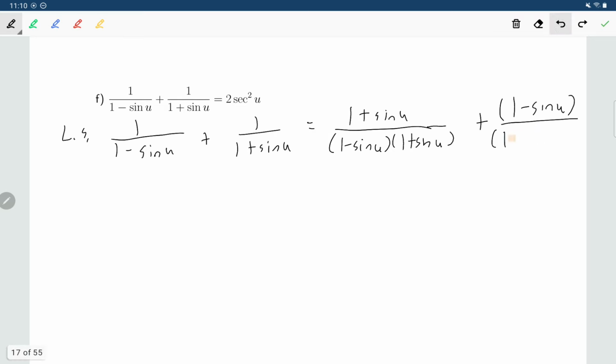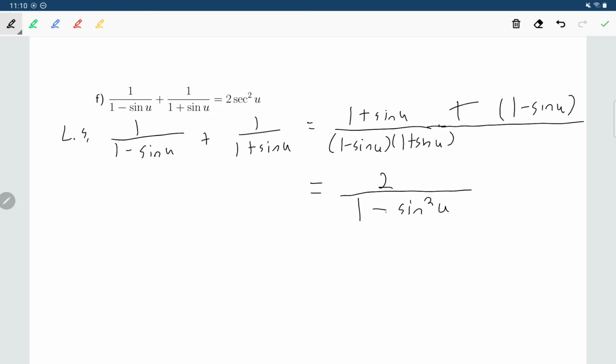And I don't think I have enough room to write that all, but of course that's fine because these would be two fractions with the same denominator, so I'd be able to combine them and make them into one big fraction. Now, a lot of things are going to clean up very nicely here. In the numerator, the sine u terms, the minus and the plus, cancel each other out, leaving me with just 2 in the numerator. And in the denominator, I have 1 minus sine times 1 plus sine. That gives me that lovely difference of squares, 1 minus sine squared u.